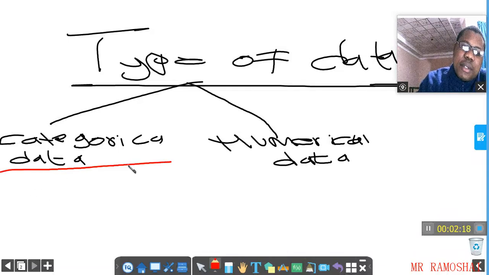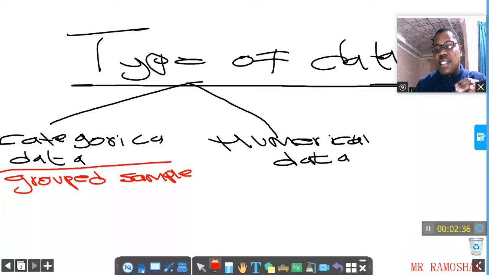Guys, when we talk about categorical data, we talk about a grouped sample. It means the data that is given to us is being grouped. It can be grouped in terms of color, in terms of models, in terms of flavors.